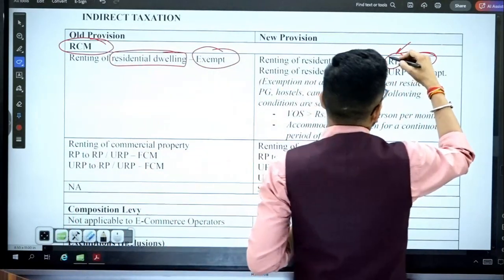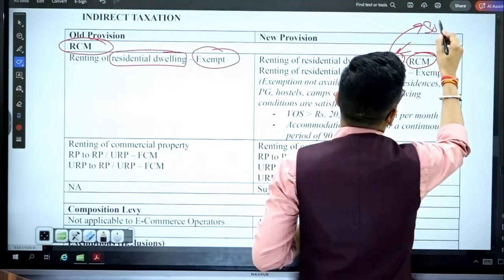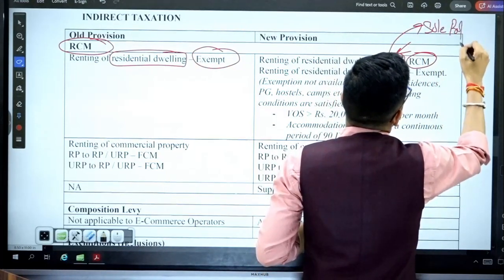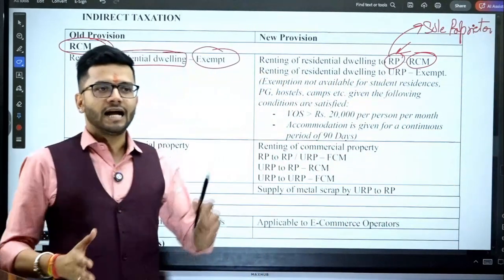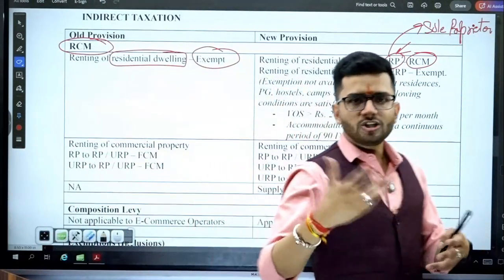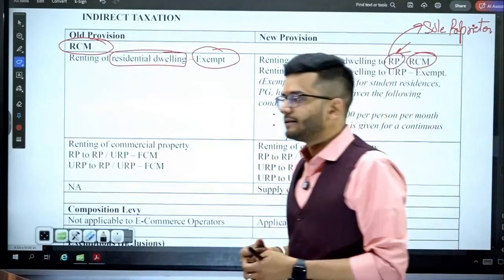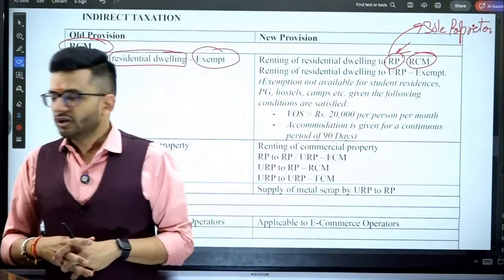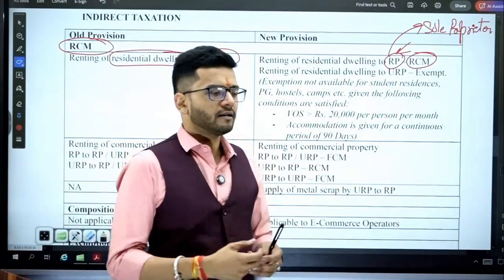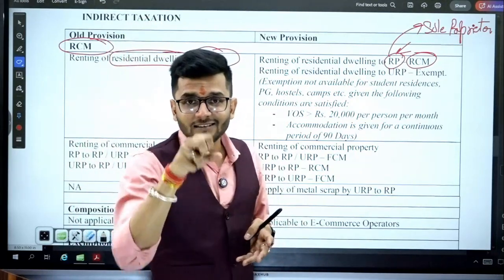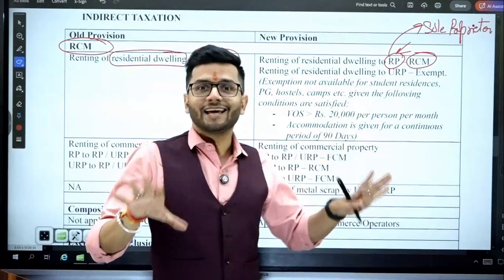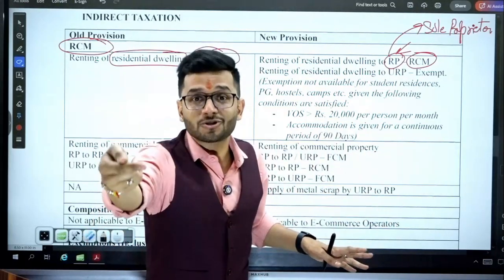Okay, one exception which is carved out in this particular case by the law is if you are a sole proprietor. Because for a sole proprietor, the business and the sole proprietor both have a common GST number. They have common identity, right? Since they have common identity, even a small sole proprietor needs to take GST, and he might genuinely hire the house for his family stay. So he deserves an exemption.